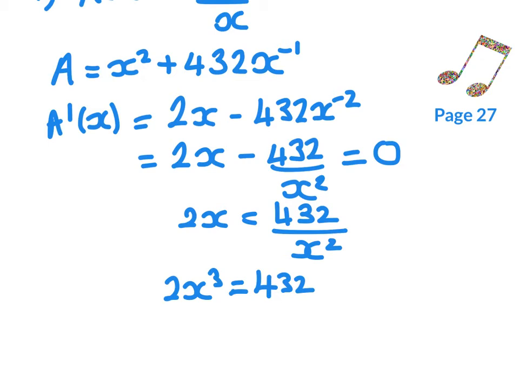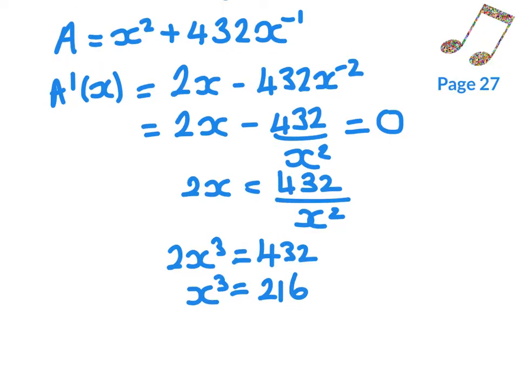I'm going to divide by 2. x cubed is 216. And I'm going to take a cube root. The cube root of 216 is 6. So I think that 6 is the value that x needs to be in order for us to have the minimum amount of surface area in this box.